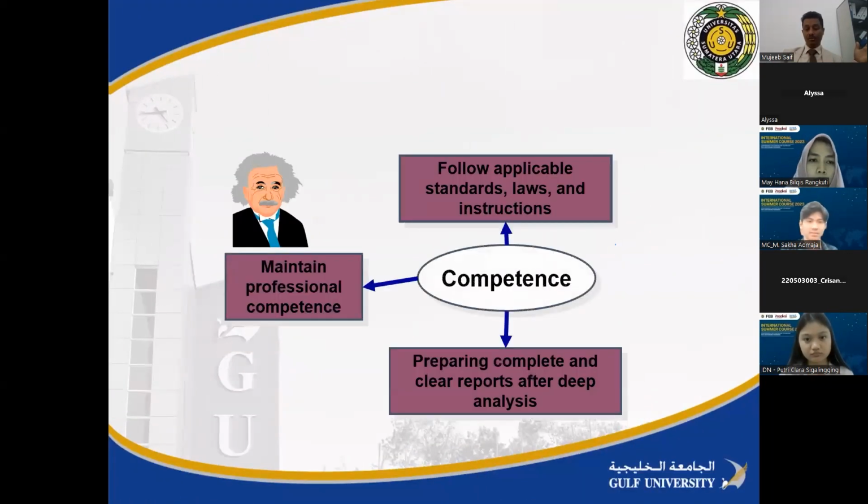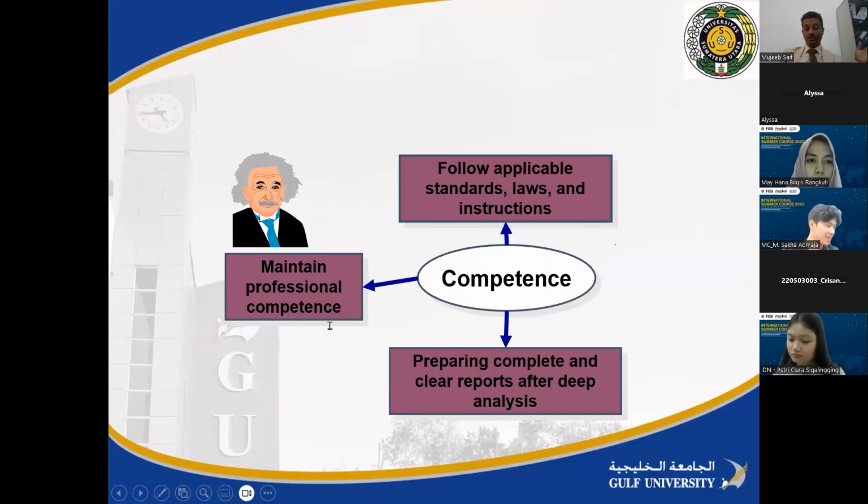So here is more information about each standard, like competence. We should follow applicable standards, or follow some tools in managerial accounting that will help us provide information that can help managers make a decision. Or if there is some instruction, we should follow those instructions. Maintain professional competence, which is very, very important here.